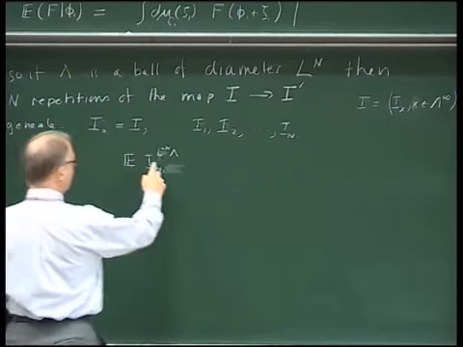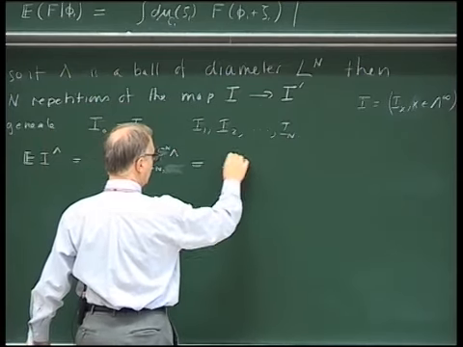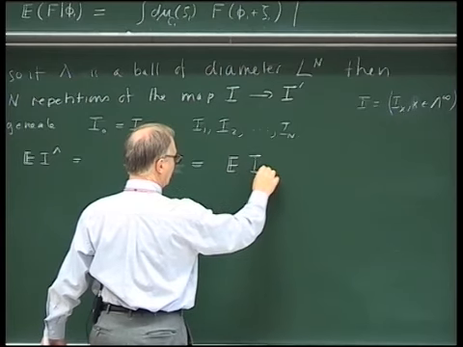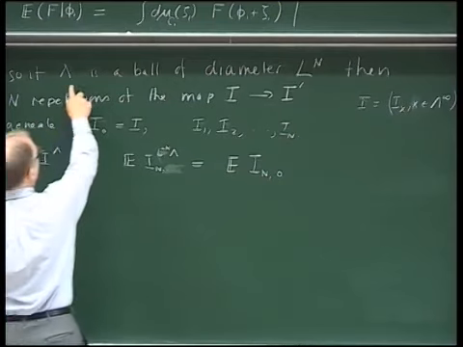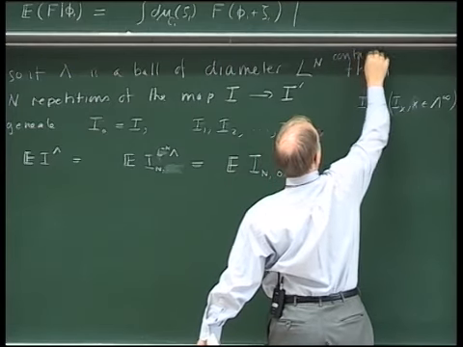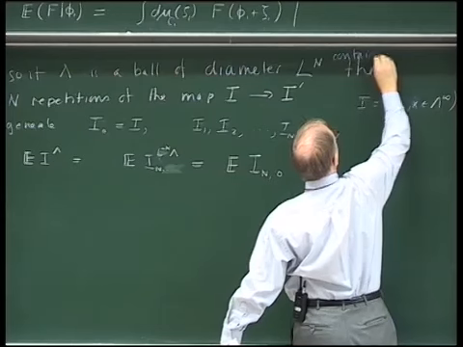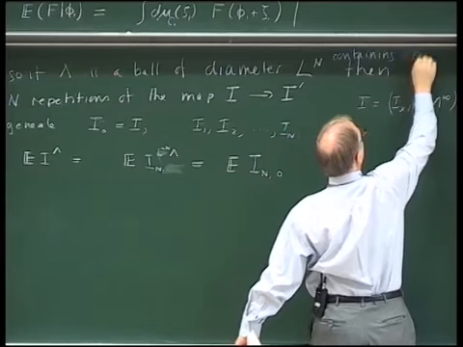You shrunk it L to the n times, but that's a single point. So it's the expectation of I sub n at the point 0, say, if we take lambda to be a ball of diameter L to the n containing 0.